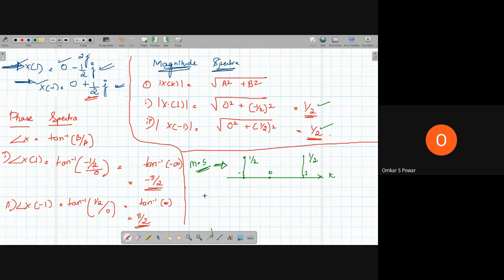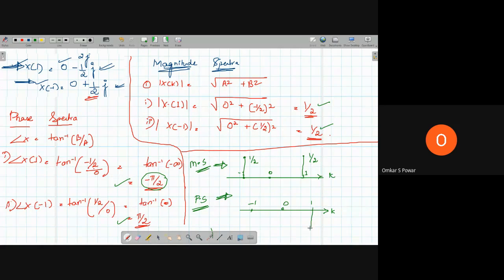Now we want the phase spectra. How do we get the phase spectrum? We have got the angle, we just have to plot it. So let me use a straight line for that. So this is your k axis. Okay. So at 1 and minus 1 we have, at x of 1 the angle is minus pi by 2.